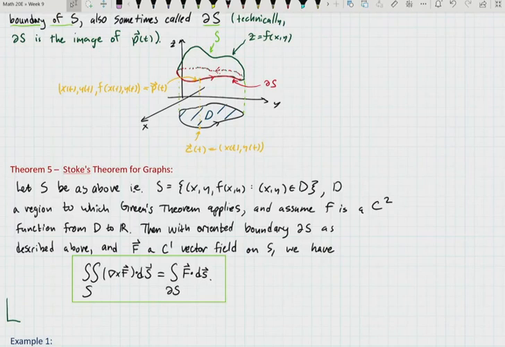I also gave it an orientation, where the orientation is the path that goes around the outside of the surface counterclockwise. Well, it's counterclockwise if you look at it from this side. What if I looked at it from the back? Well, then it would be going the other direction.